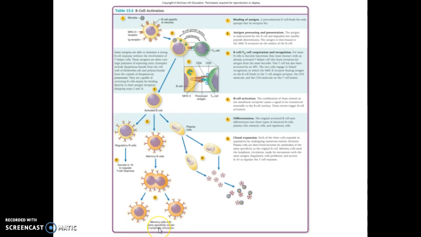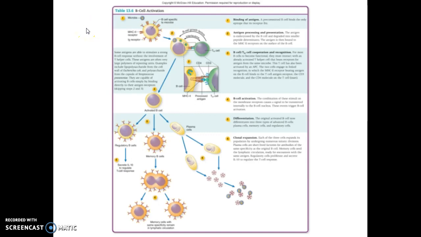The memory cells are simply going to hang out, right? They're alive, they're doing well, they don't die very often. And so once you get exposed to something, this specific microbe back here, these memory B cells are specific to this guy, and they are simply going to hang out in the bone marrow, in the lymph nodes, in the spleen, until this little guy gets back into your body.